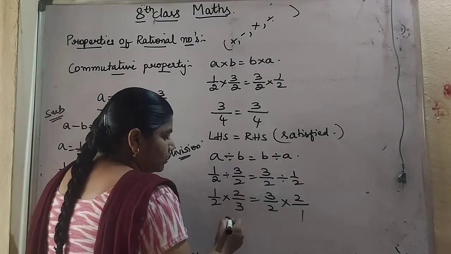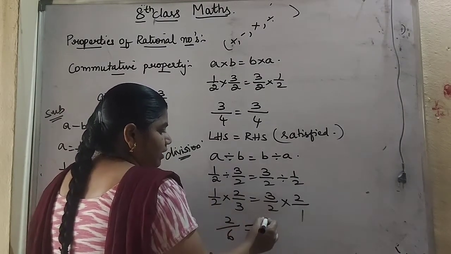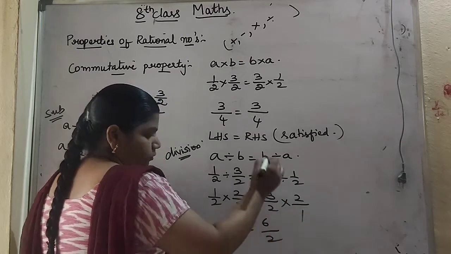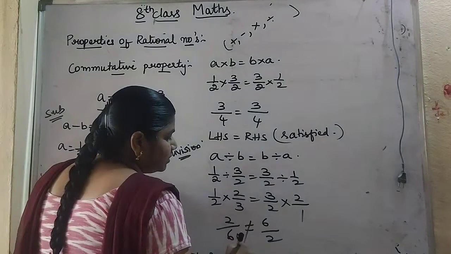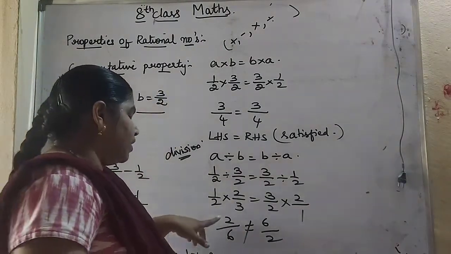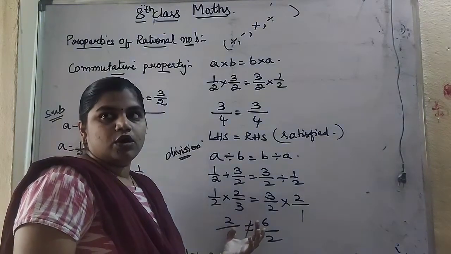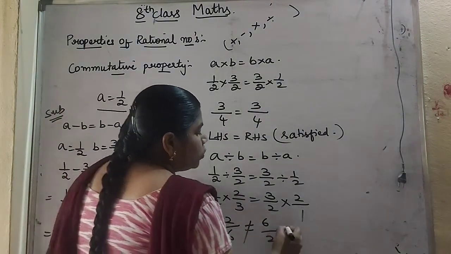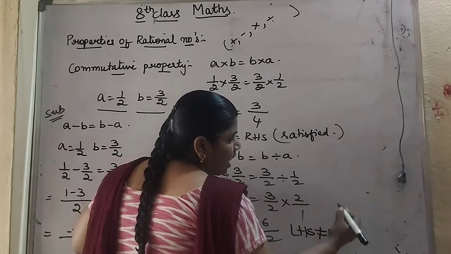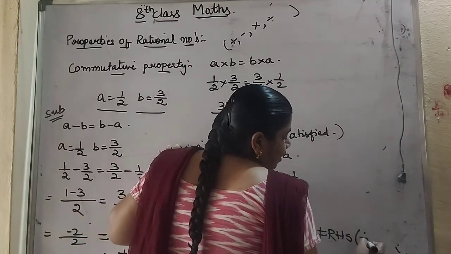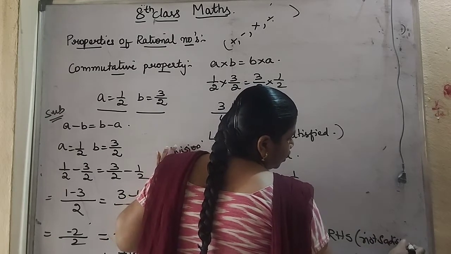That is 1 into 2 is 2, by 2 into 3 is 6, and here 3 into 2 is 6, by 2 into 1 is 2. So both LHS and RHS have different answers. Here it is 2 by 6. In this case it is 6 by 2. So these two are not equal to each other. So we can tell LHS is not equal to RHS. That means it is not satisfied under division.